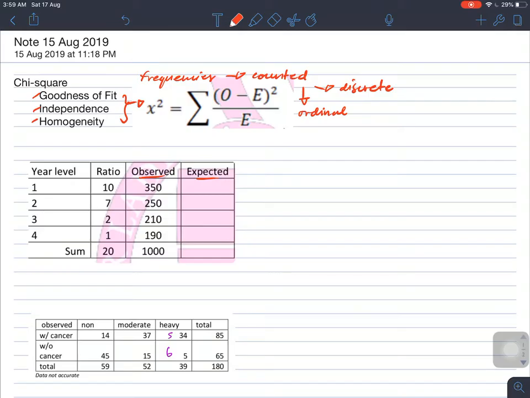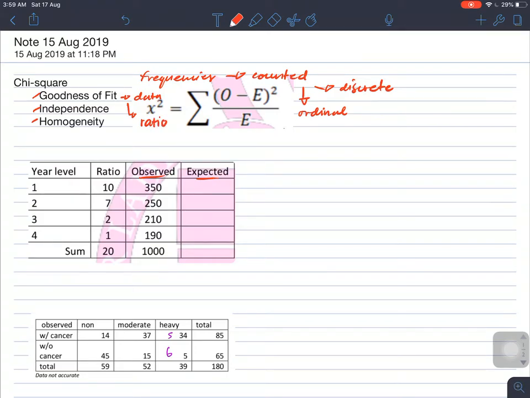Okay, so before we proceed with the computation, let's first discuss the concepts of our chi-square functions. So, starting with our chi-square test for goodness of fit. Now, the chi-square test for goodness of fit is particularly effective if you have data that is measured or that includes ratio.